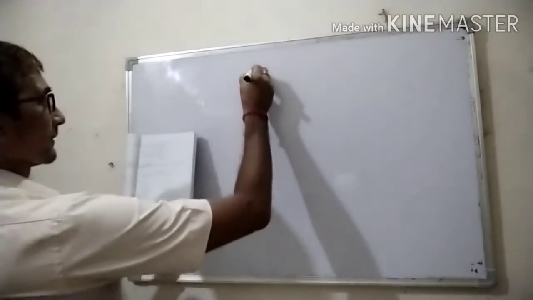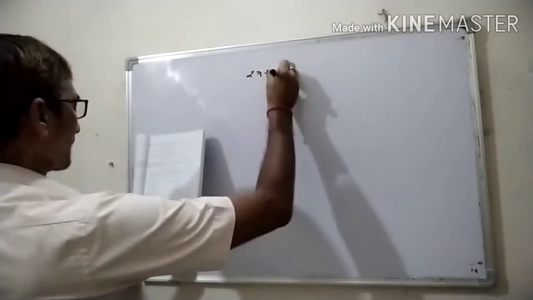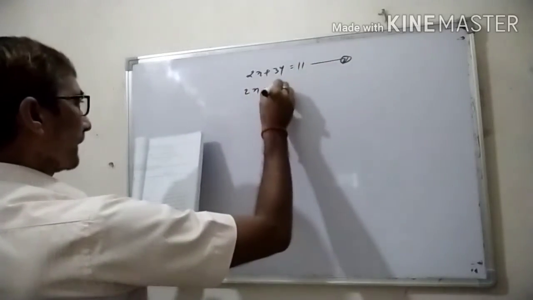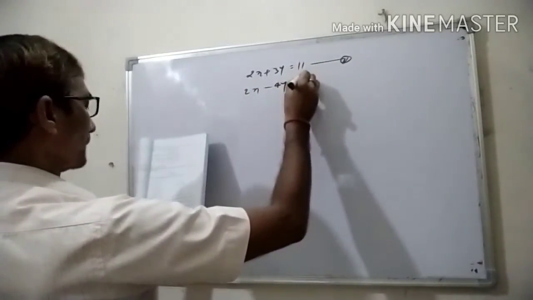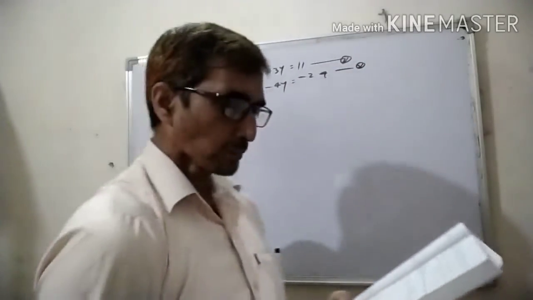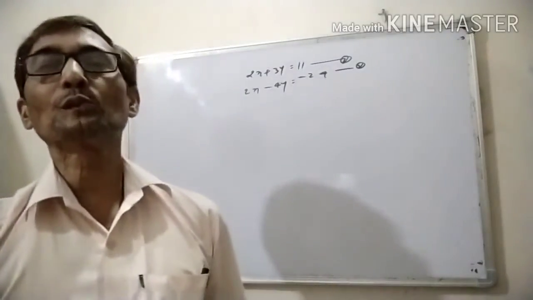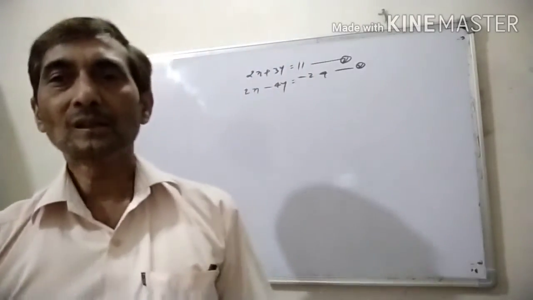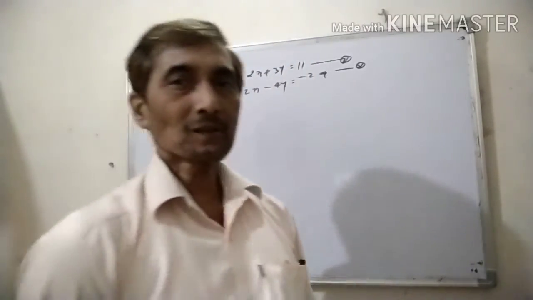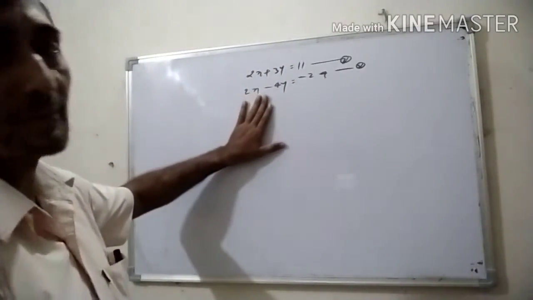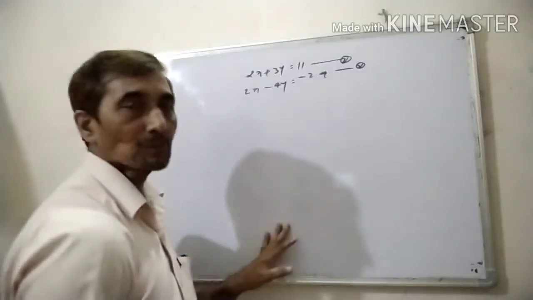Solve 2x plus 3y equal to 11 and 2x minus 4y equal to minus 24, and hence find the value of m for which y is equal to mx plus 3. To find the value of m is the last step. First of all, we will solve these equations by the substitution method.